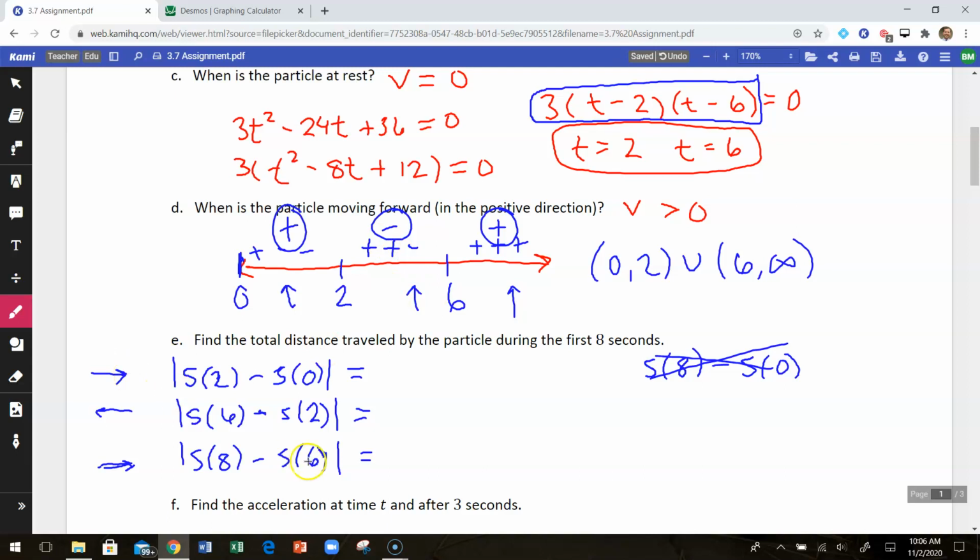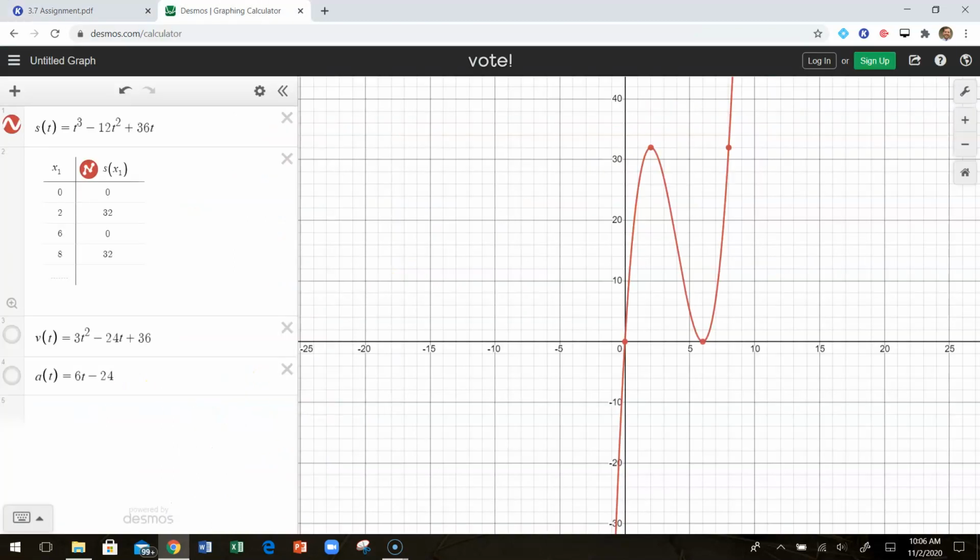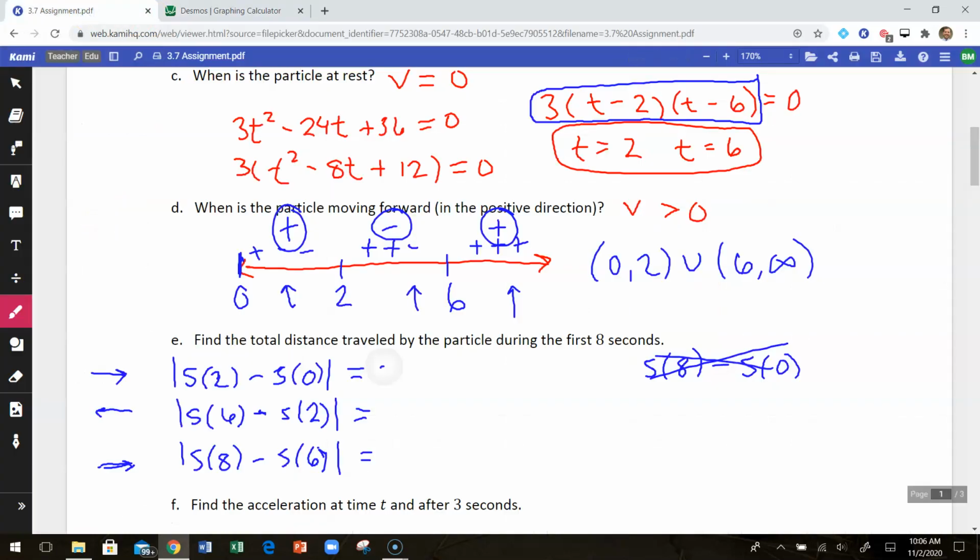And I already have these values for you. I have graphed the position function, which is what you see here. And I made a table of values where I plugged in 0, 2, 6, and 8. For 0 and 6, it's 0, and for 2 and 8, it's 32. So this would be 32 minus 0, which gives me a distance of 32 meters.